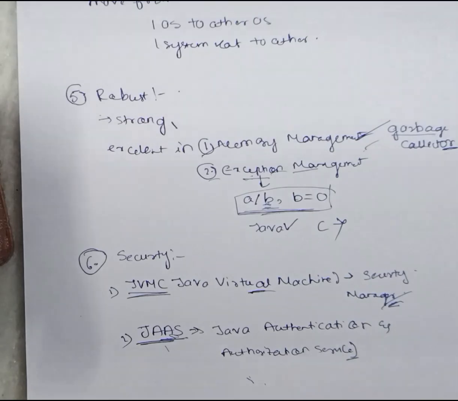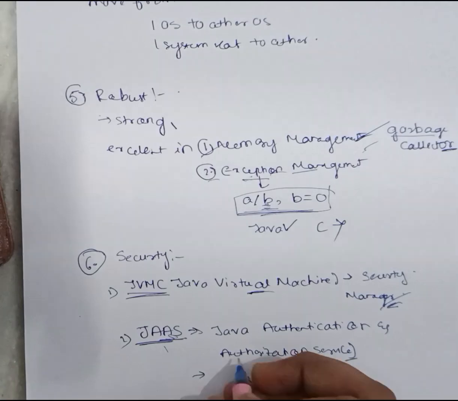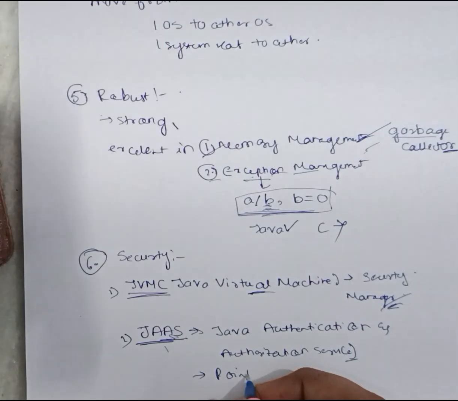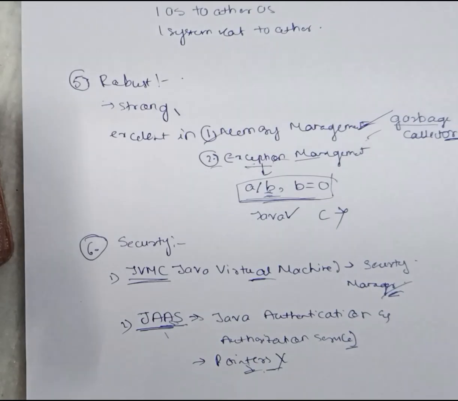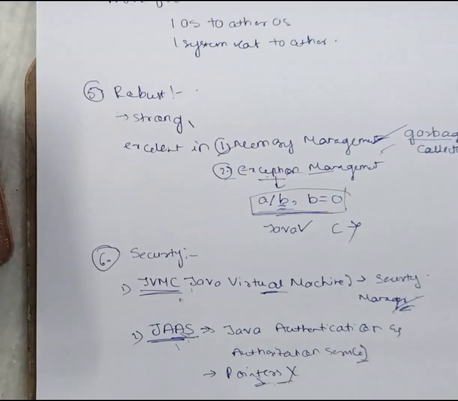That is a security issue. The same thing applies to pointers, so pointers are eliminated because of security issues. That's why Java is more secure because of the elimination of pointers, and these two also work as a security manager.